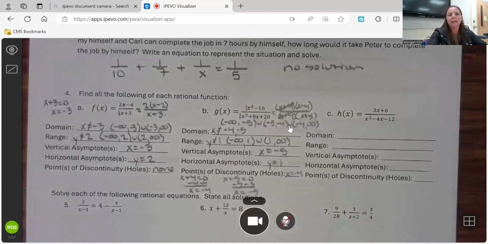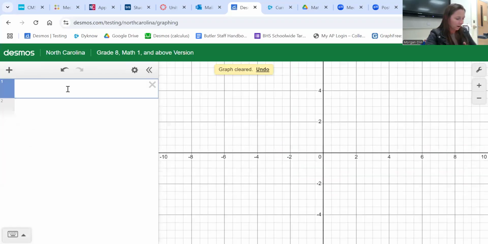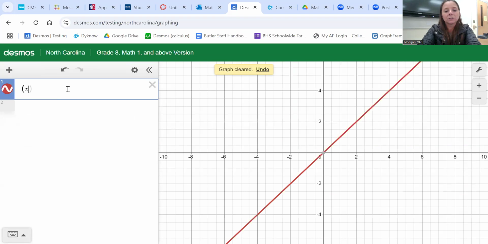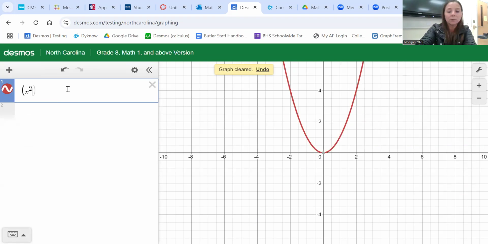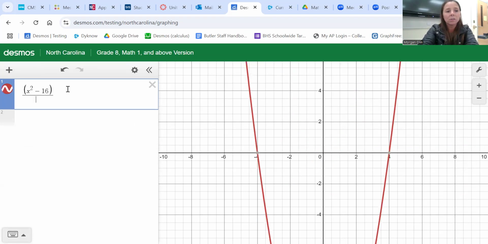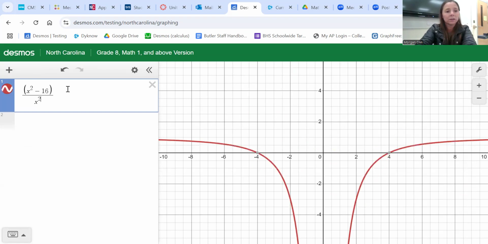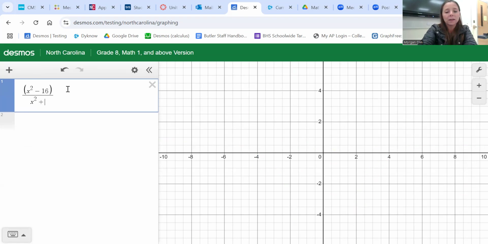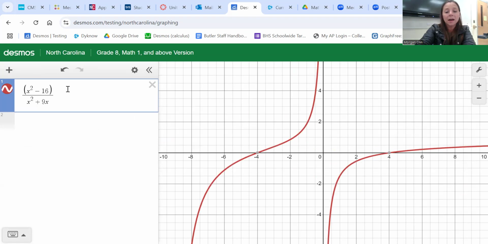All right, and again, we can graph it. If I graph it, x squared, and make sure you know, before going to your test, how to put these into the calculator. If you like the TI-84, great, use that.